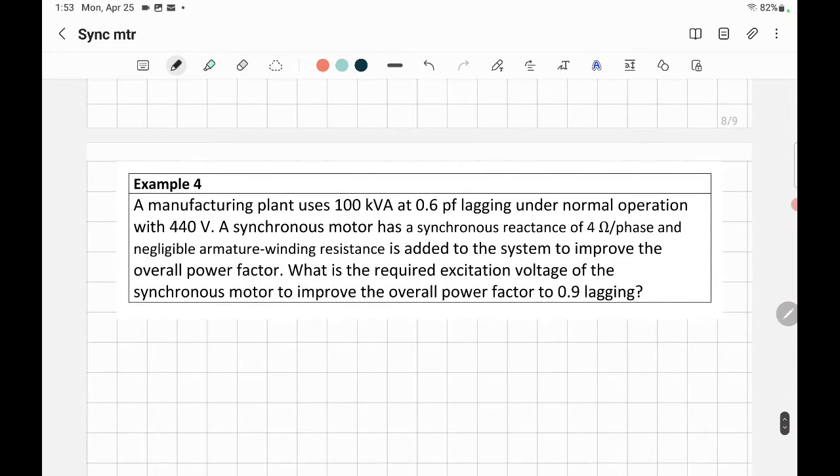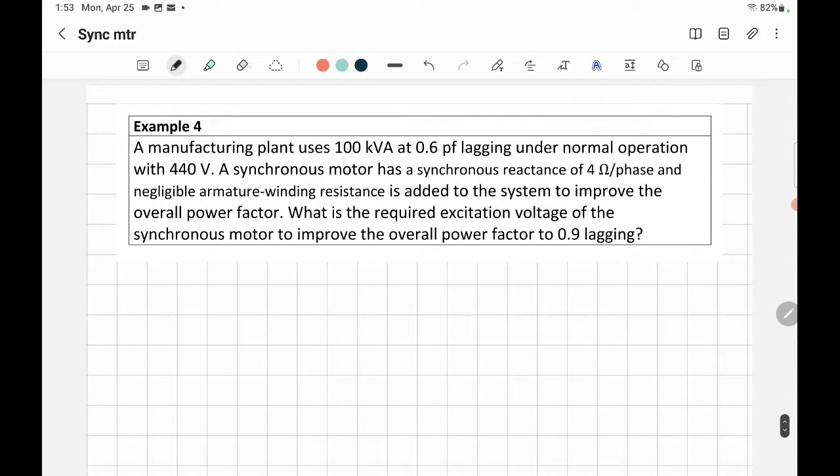Let's just take a numerical example here. Well, in this example, a manufacturing plant uses 100 kVA and 0.6 power factor lagging. So if you sketch that, you will say, okay, that's the system here, and there is a load here, and this load is taking 100 kVA and 0.6 power factor lagging.